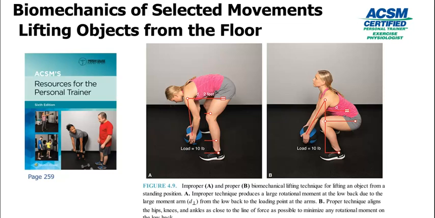You have an example of proper and improper technique, but basically, to lift an object safely off the floor and prevent injury, it is essential to follow this proper technique: stand close to the object, bend at the hips and knees with the back straight, grip the object firmly, lift with your legs, and keep the object close to you. Also avoid twisting, stay tall, and keep your head up.